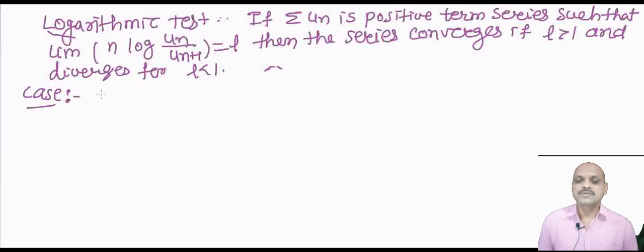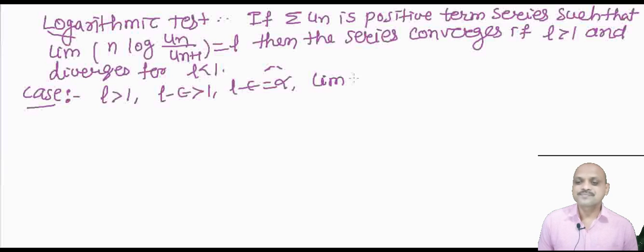As usual, we consider here L greater than 1. Then we choose epsilon such that L minus epsilon is greater than 1, and we call this L minus epsilon alpha. So what is given here?